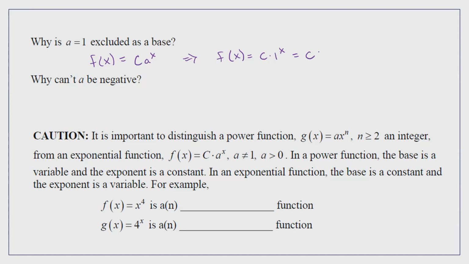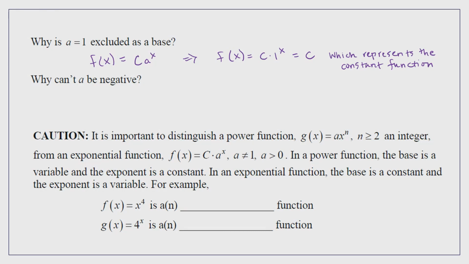So f of x would equal c. The function would simply be the constant function. So we want to exclude a equaling 1 from being the base.